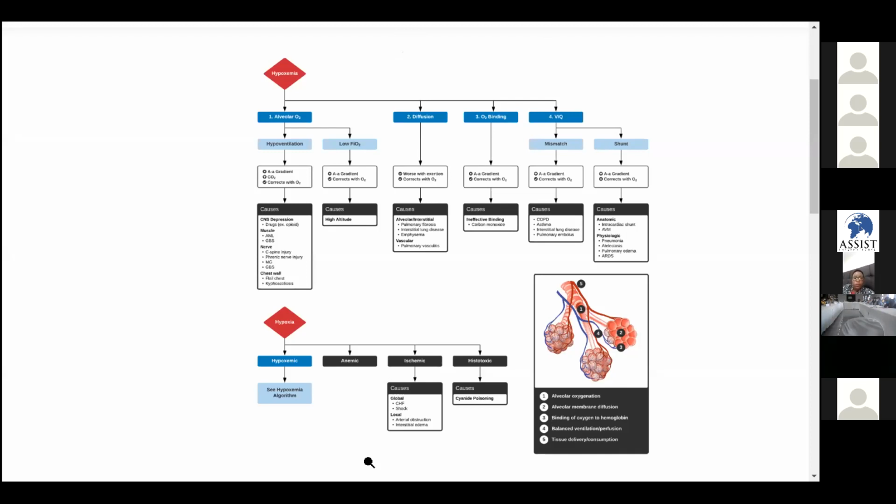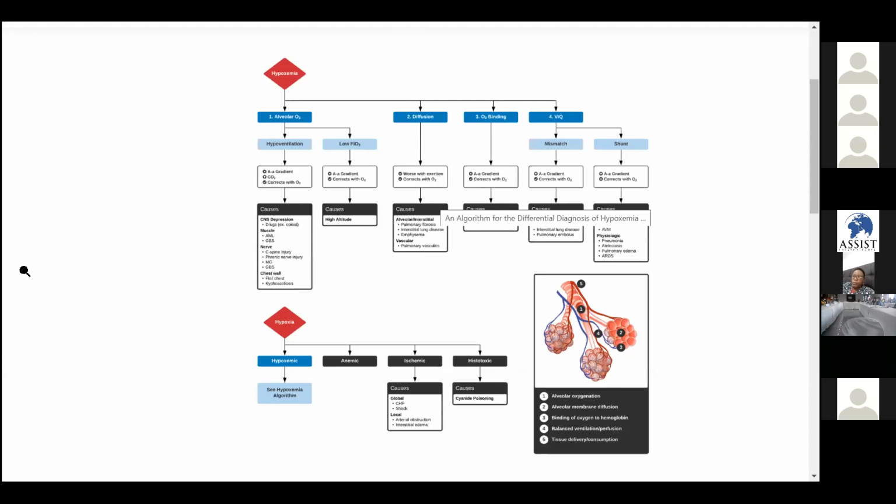Then you have a reduction in your oxygen binding capacity to hemoglobin. As we are aware, a significant amount of oxygen in blood is transported through binding to hemoglobin.